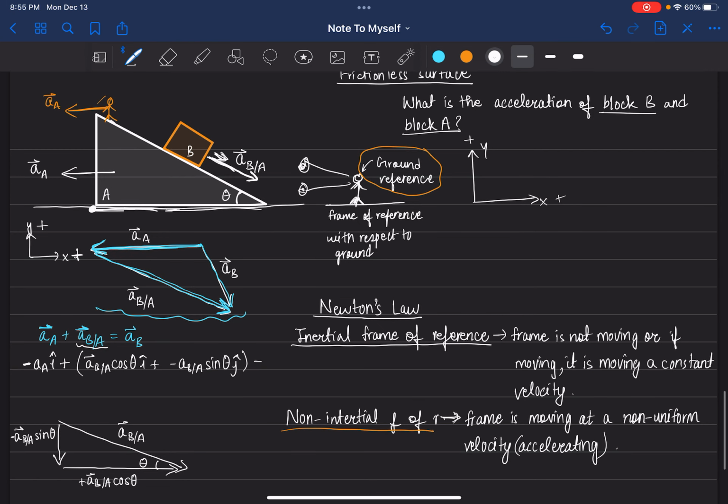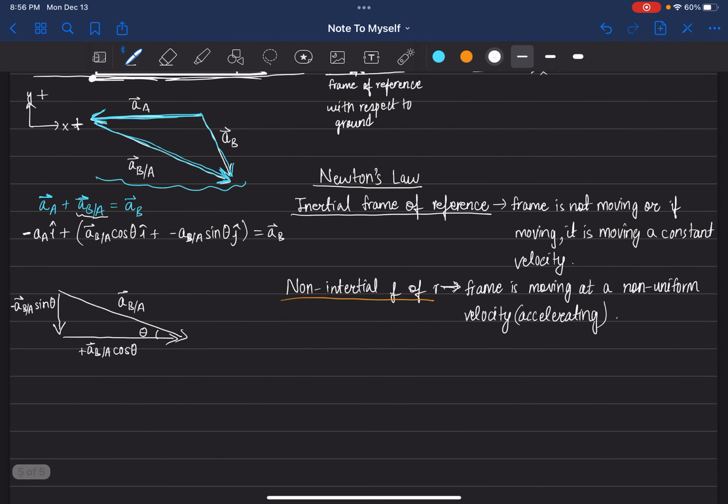And this equals a_B, right? So a_B has an X component and a Y component, which makes sense, right? That is what we would see as a person sitting on the ground. That is what we expect: the block to move to the right and move down.